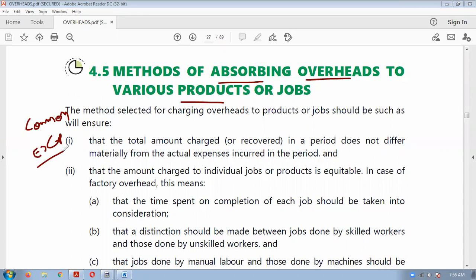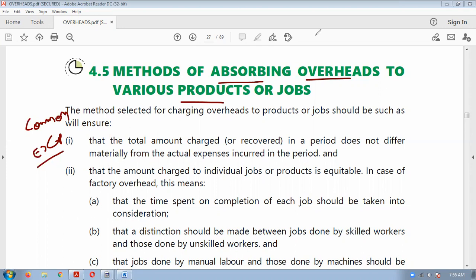Otherwise, what will happen? Proper cost will not be derived and pricing will be difficult. We know that the basic purpose of cost accounting is to arrive at the cost of the product and price of the product. So if you will not charge the common expenditure, what will happen? We will end up deriving wrong cost.